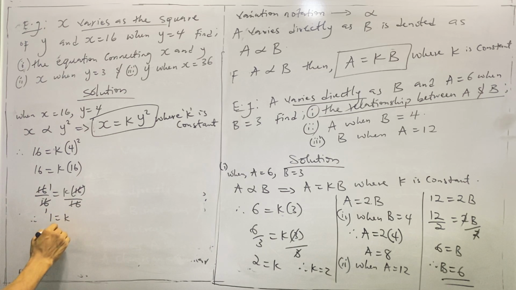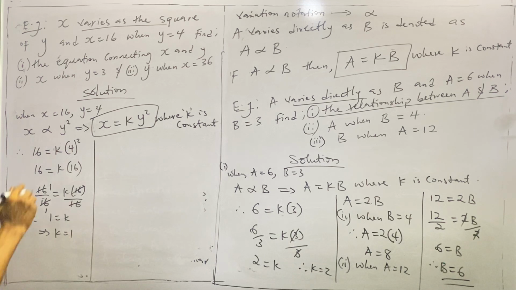So this implies that our k is 1. So therefore we can write the equation. Our x will be equal to 1 times y squared, which is y squared. So this is our true equation between x and y.